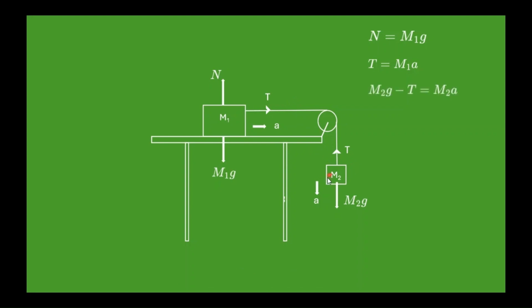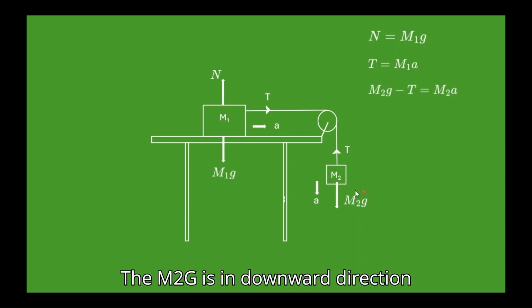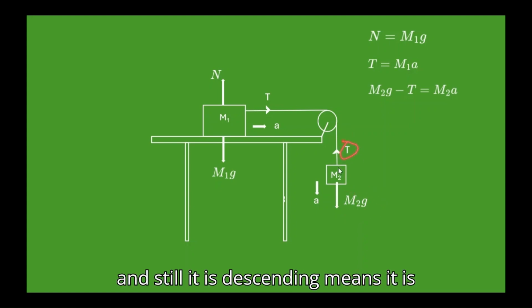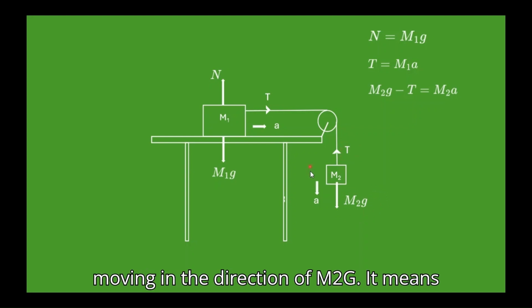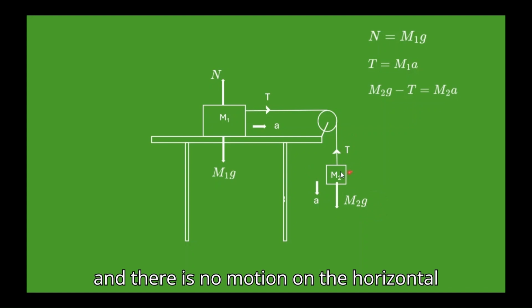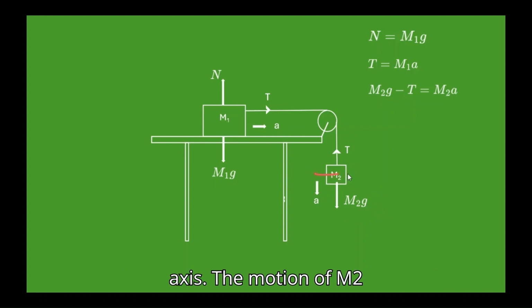Okay. Now, for m2, we know that m2g is in the downward direction and T is in the upward direction, and it is still descending, meaning it is moving in the direction of m2g. It means m2g is greater than T, and there is no motion on the horizontal axis. The motion of m2 is only on the vertical axis.